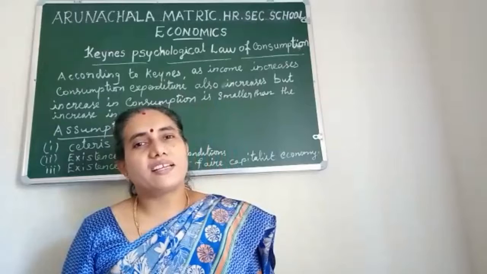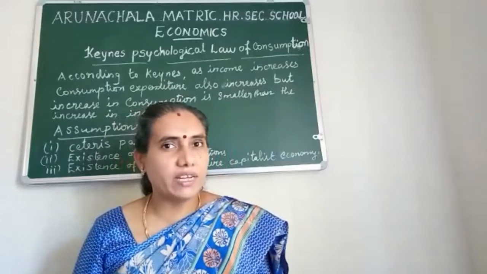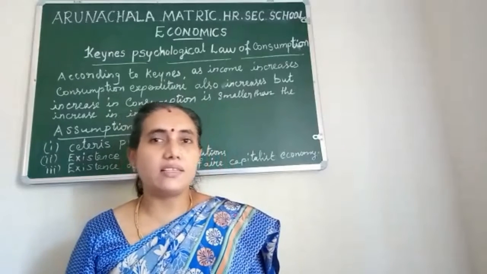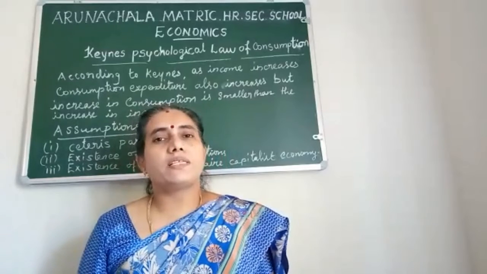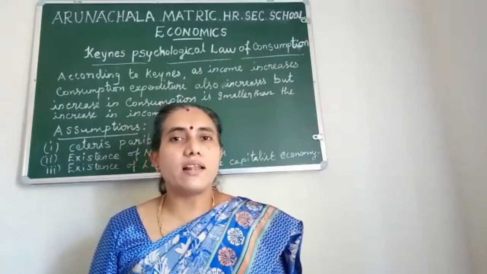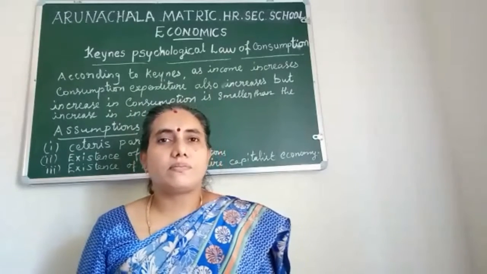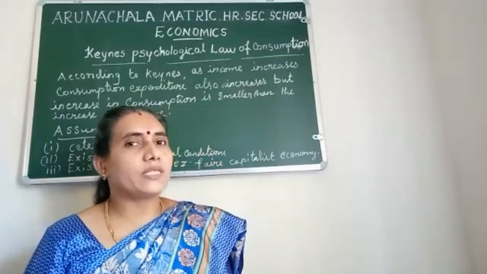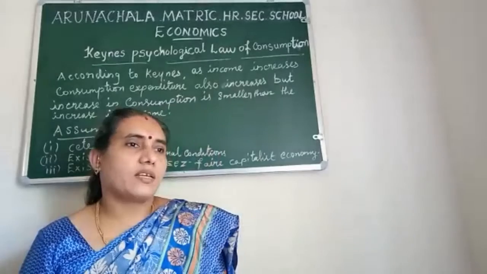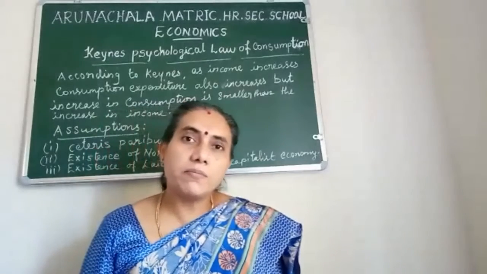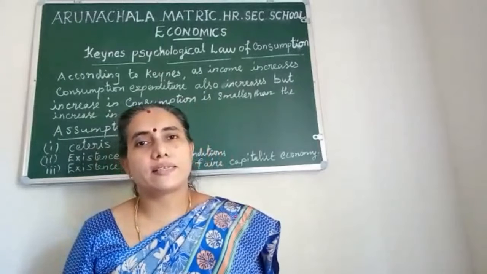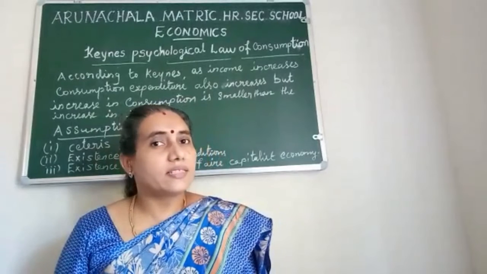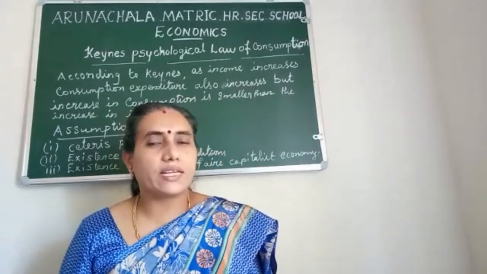Consumption function is the functional relationship between the two aggregates, that is the total consumption expenditure and the gross national income. Here, according to Keynes, if income increases, the consumption also increases. That is, the consumption expenditure also increases.